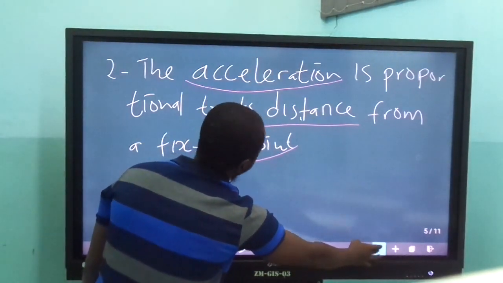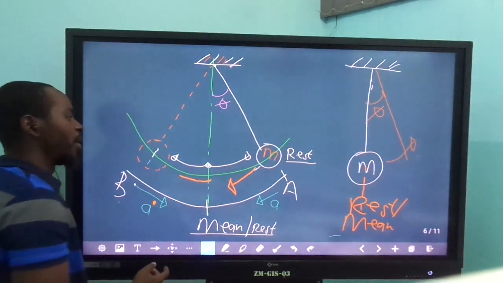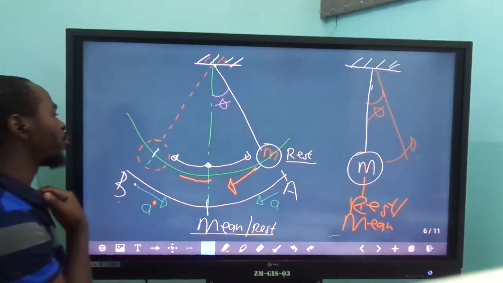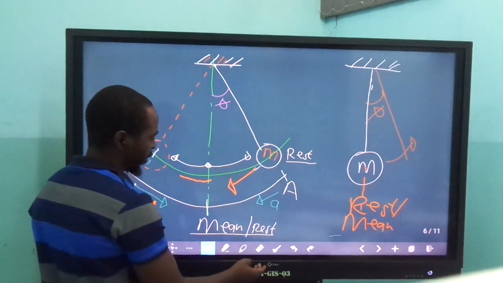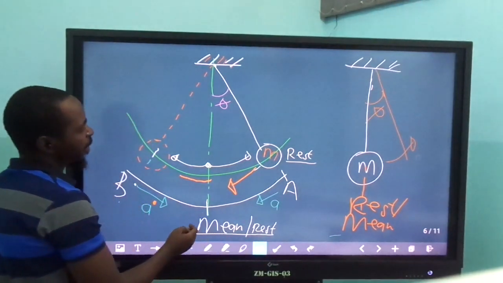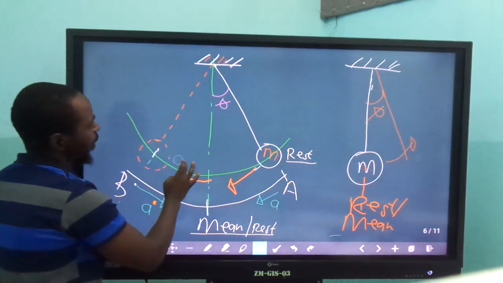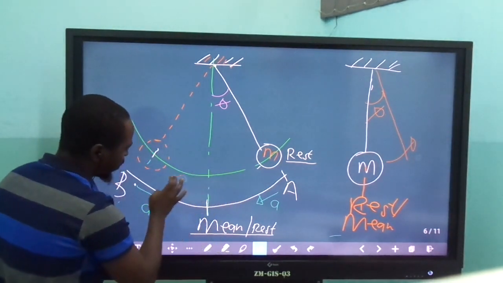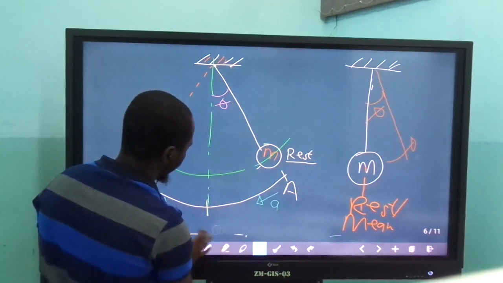Then the second point was the value of acceleration must always be proportional to the displacement from the mean position. And to explain that point, we are still going to use the same figure.